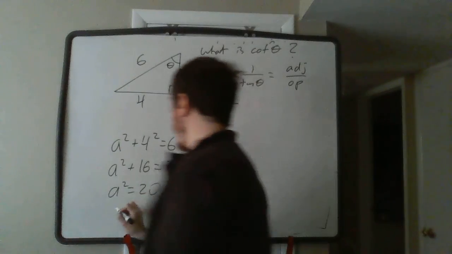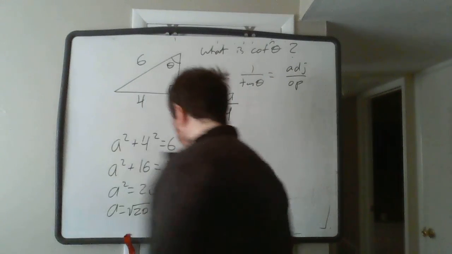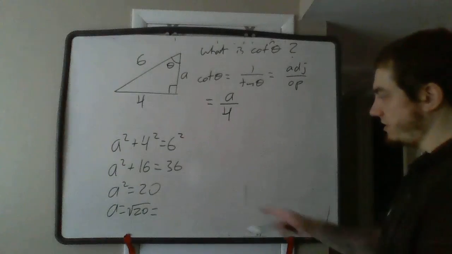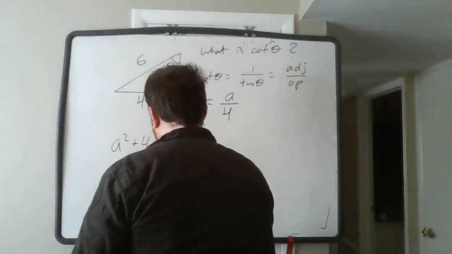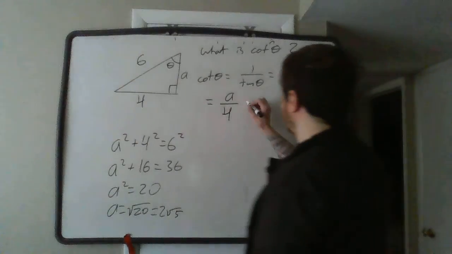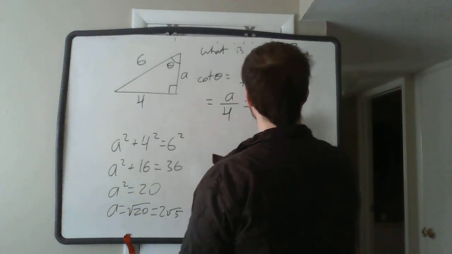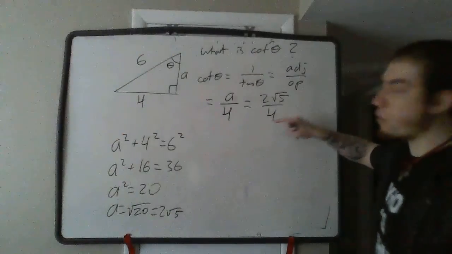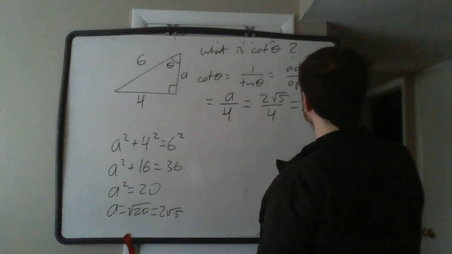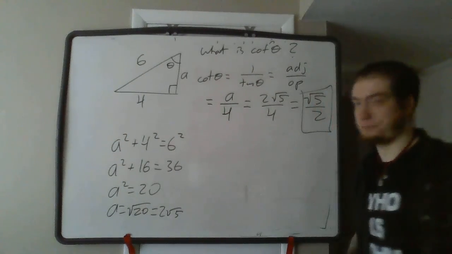And that is going to give me that A is the square root of 20, which is going to simplify. Let's see, this is 4 times 5, so this is 2 times the square root of 5. So we get A over 4 is 2 times the square root of 5 over 4. And the 2 over 4 can simplify, and this leaves me with simply square root of 5 divided by 2.